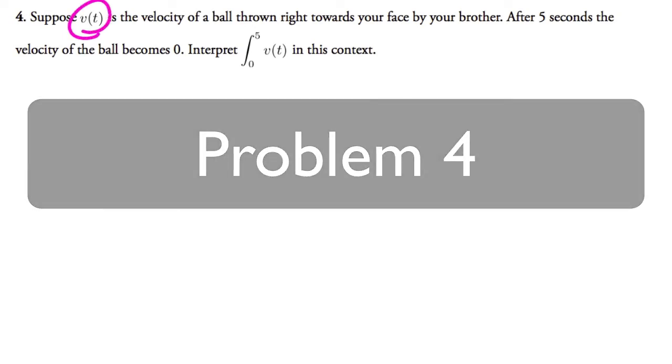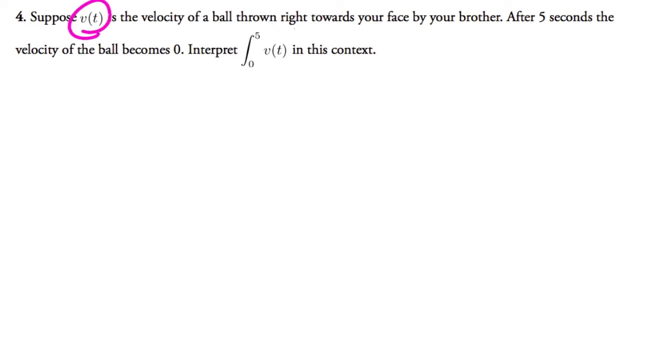Suppose V of t is the velocity of a ball thrown right towards your face by your brother. That is not nice. Let's say it's a Nerf ball, because we want to stay family friendly here. But then after 5 seconds, the velocity of the ball becomes 0.